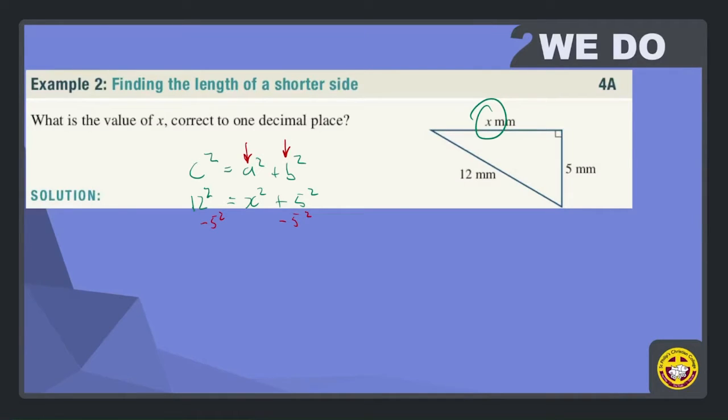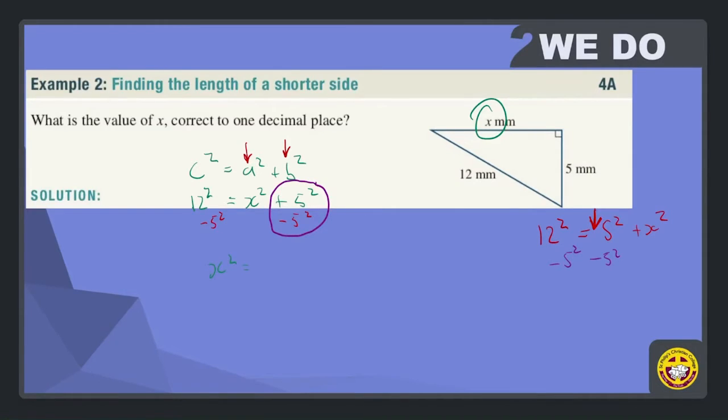Because if you ended up with this line, we don't have that plus in front of the 5 squared, so we can get a little confused here and forget that we have to take 5 squared away from both sides. I think it's just much easier to set it out if we put the number here in the second place.